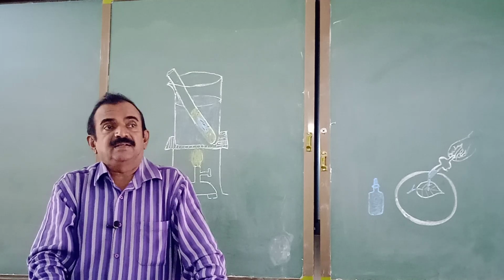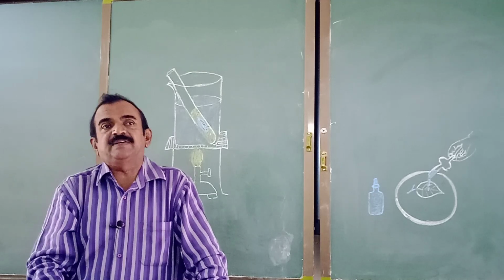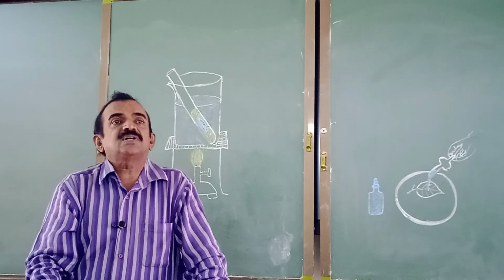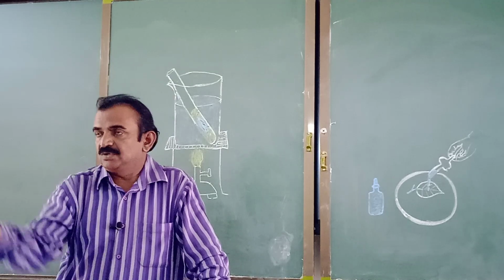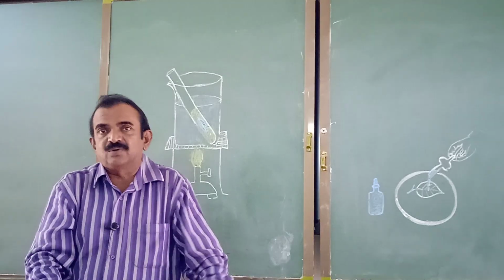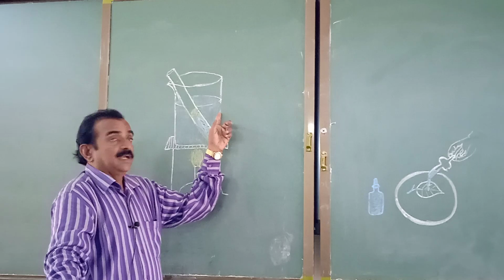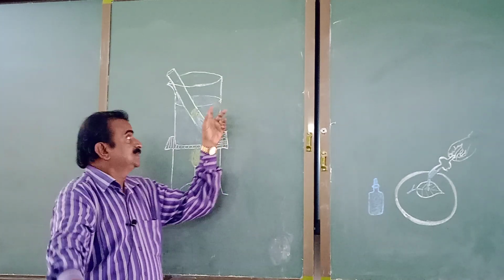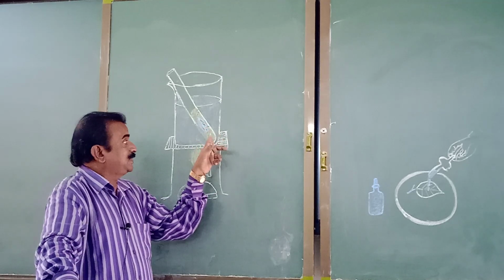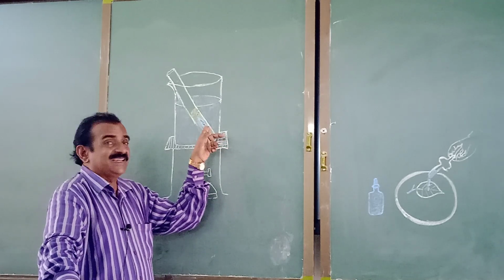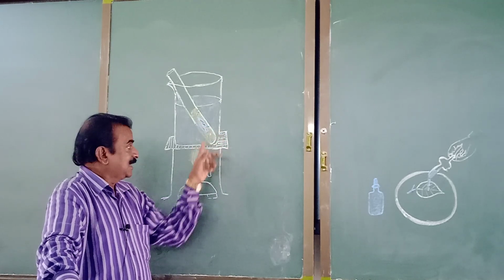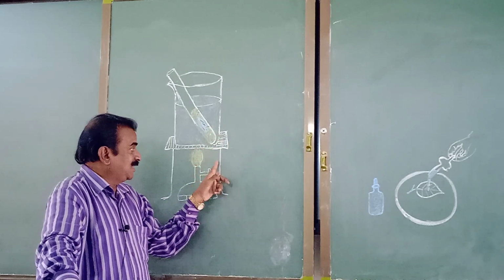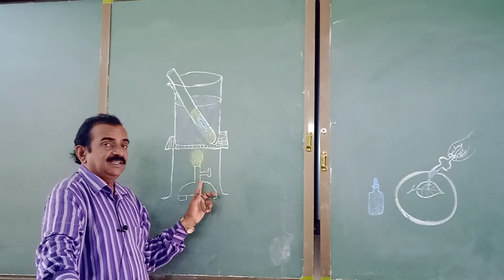So now, what is the aim of the activity? To study the presence of starch in the leaf. That is the aim. What are the materials required to do this activity? Here you see a beaker, three-quarters full of water, and a test tube with methylated spirit and a green leaf, on a tripod stand with a burner.